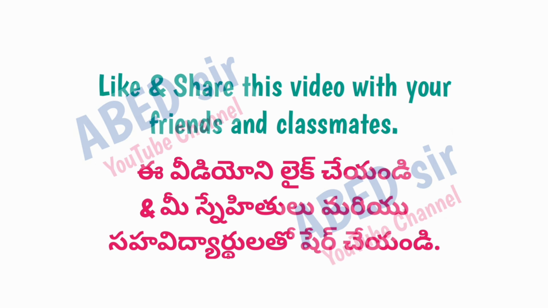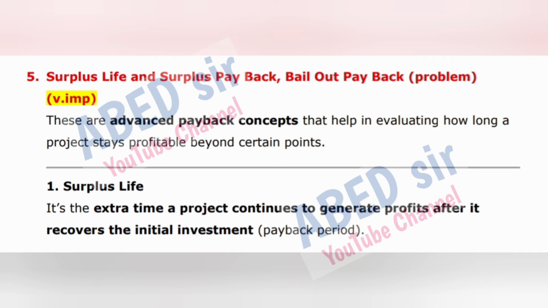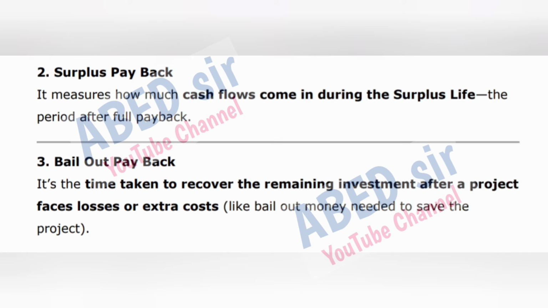Next important long question is 5. Surplus life and surplus payback, bailout payback problem. These are advanced payback concepts that help in evaluating how long a project stays profitable beyond certain points. 1. Surplus life. It's the extra time a project continues to generate profits after it recovers the initial investment, the payback period. 2.